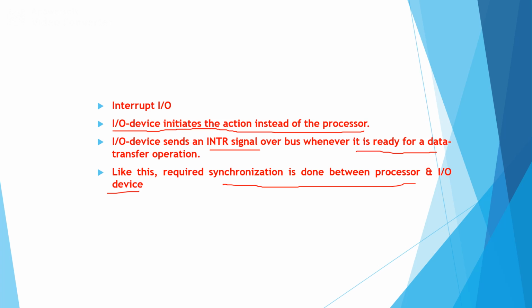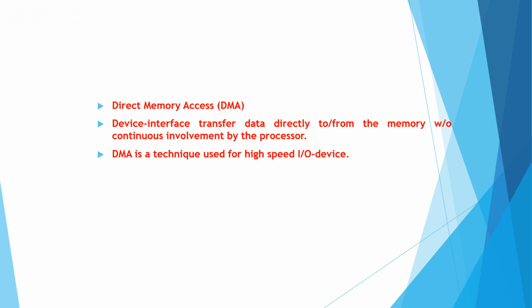So in the case of interrupt IO, the device itself initiates the action instead of the processor. The IO device sends a hardware signal called an interrupt signal over the bus whenever it is ready for the data transfer operation, so that synchronization can be achieved between the processor and the IO device.